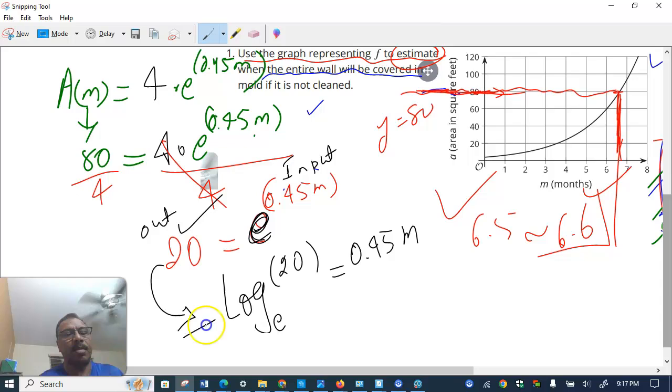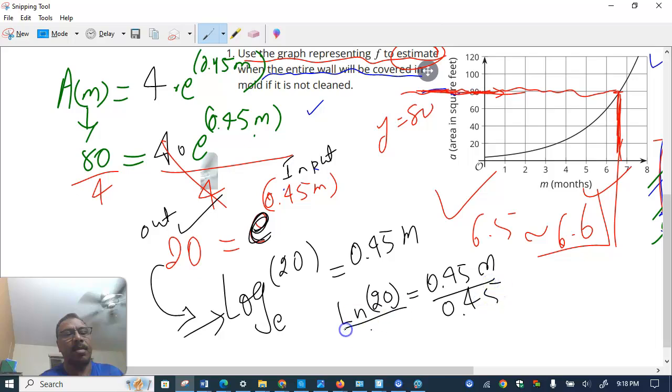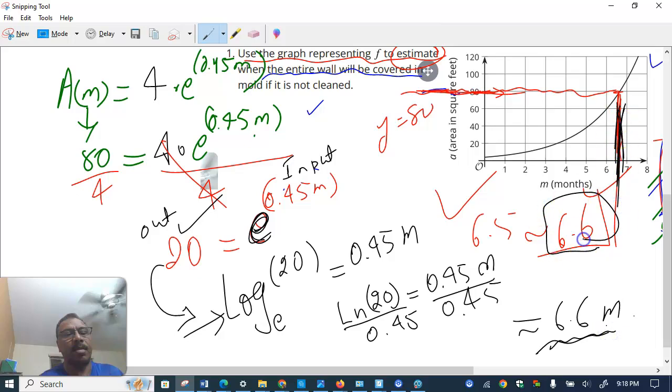And then this whole thing, the shortcut is ln of 20, which is 0.45 m, and then divide by 0.45. If you put it on the calculator, you end up getting 6.6. And that's it, 6.6 months it takes for the whole thing to get filled. Which was almost like we estimated, remember we estimated this is 6.6. There you go. We are done.